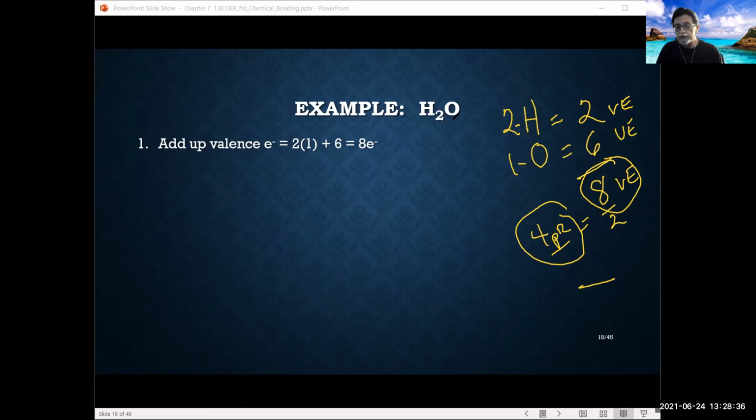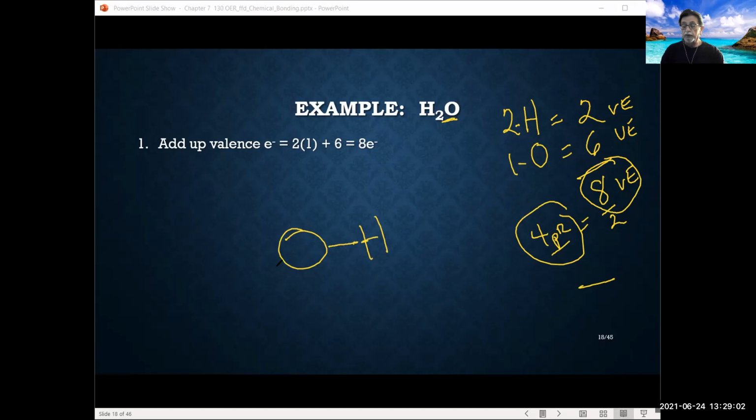Now, oxygen is the central atom. So the first step is to write the central atom. Put it down there. And then at that point is to see what is bonded to the central atom. Well, we got an H2, which tells you that there are 2 hydrogens bonded to the central atom. Well, I can very quickly draw a line and add a hydrogen like that.